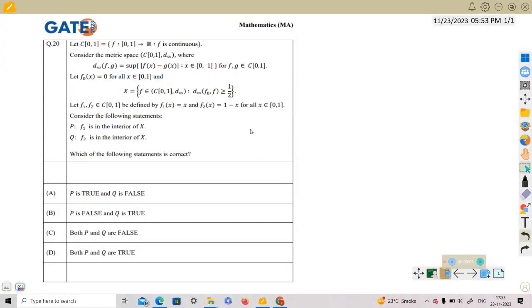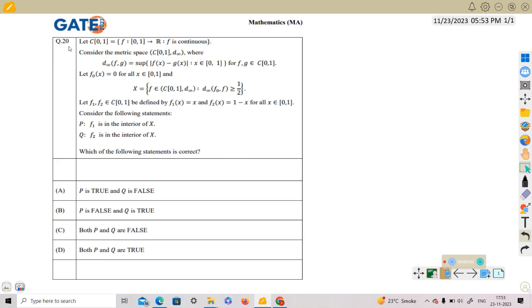This is a question from GATE 2023, question number 20. Let C[0,1] be the set of all functions whose domain is [0,1], range is R, and which are continuous.